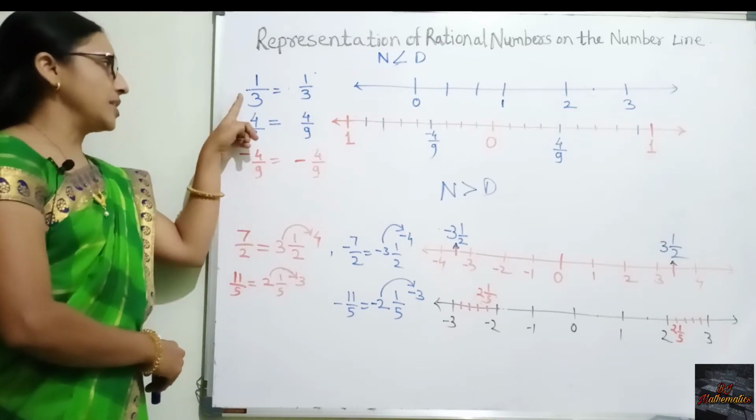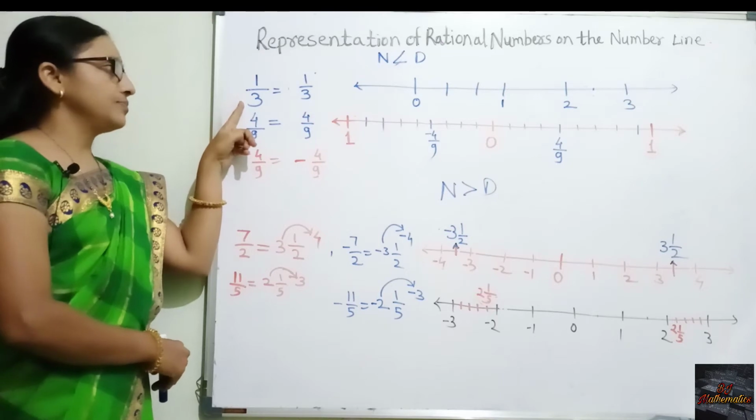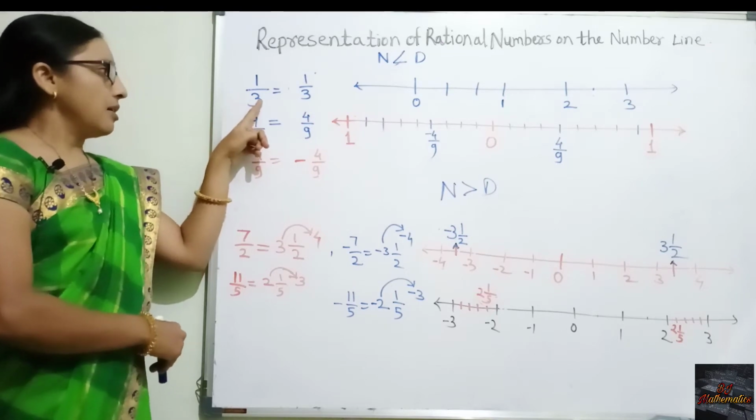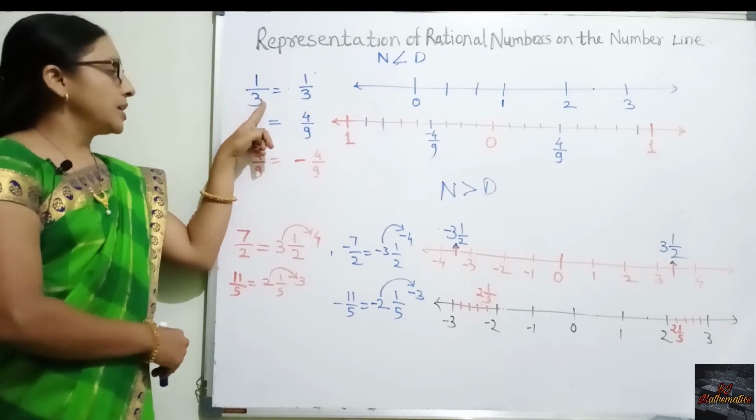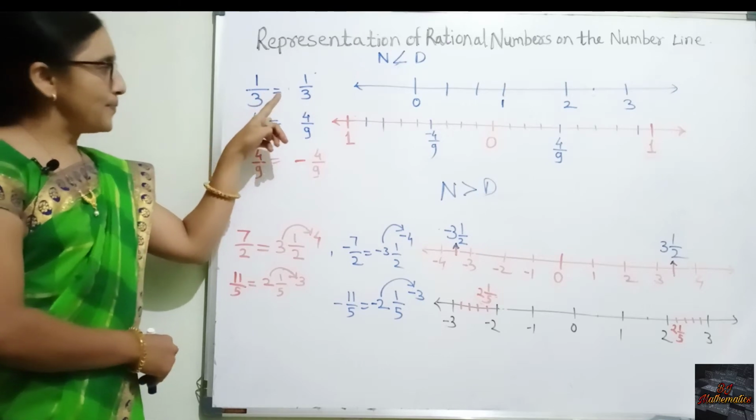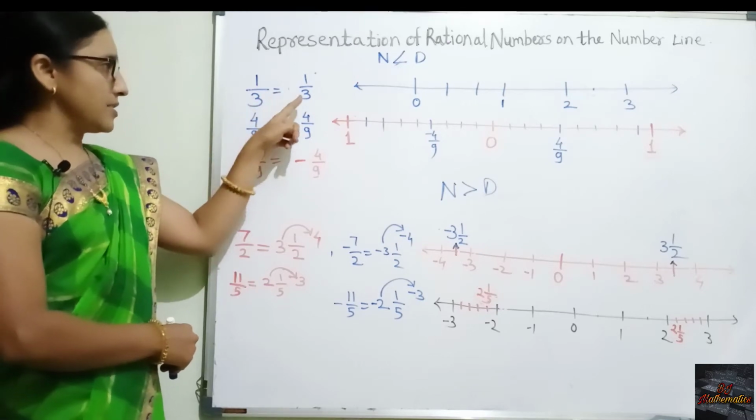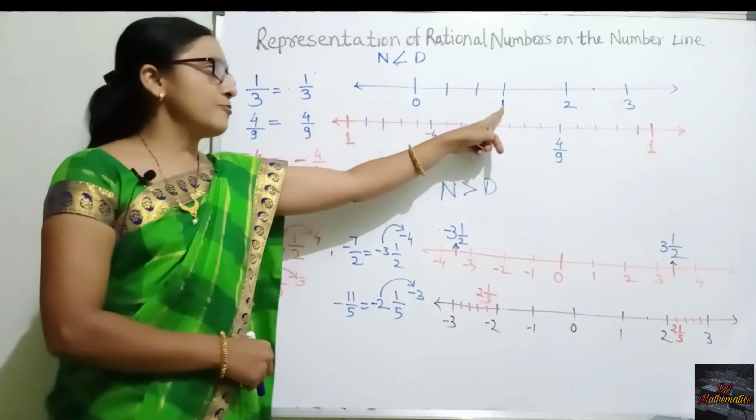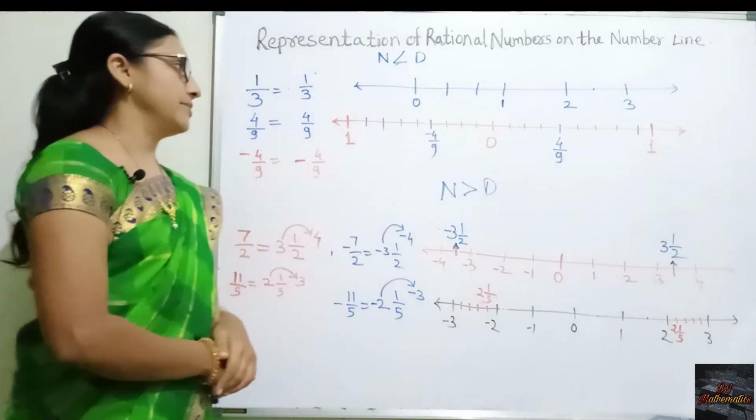Let us represent plus 1 by 3. Here denominator tells in how many parts the unit distance between 0 and 1 is to be divided.